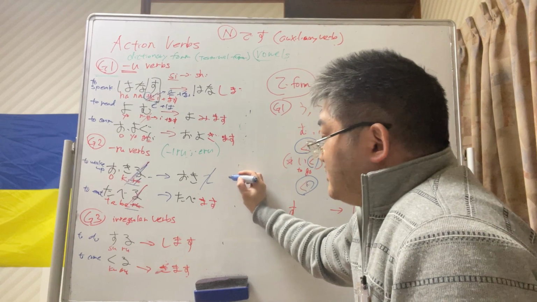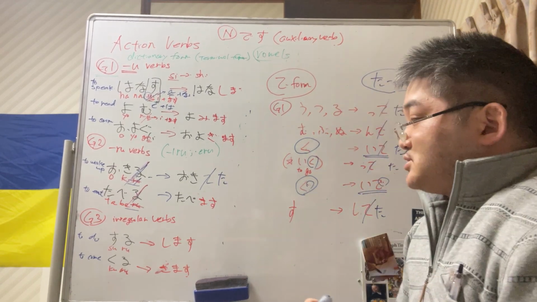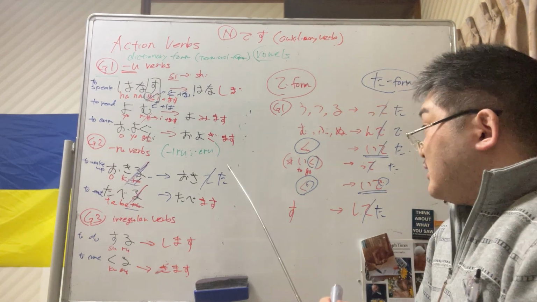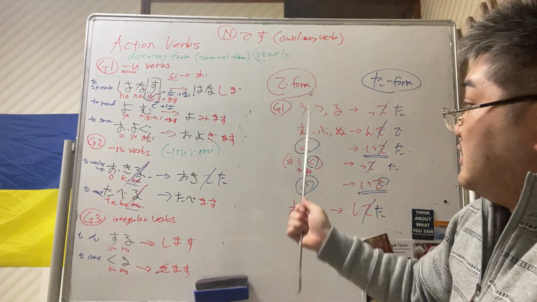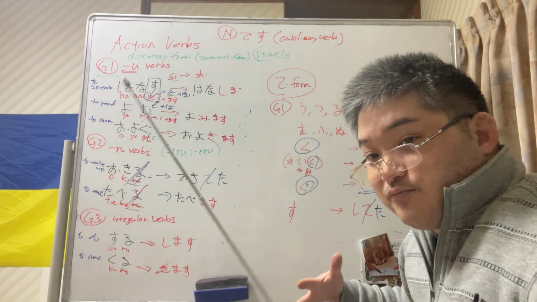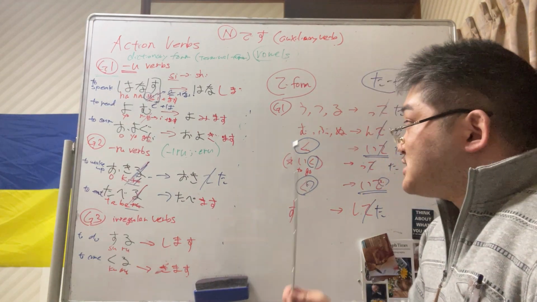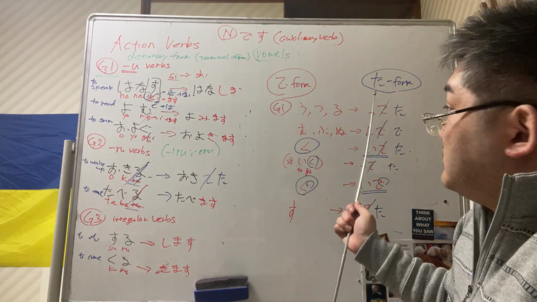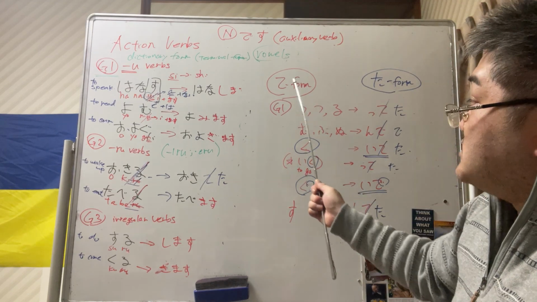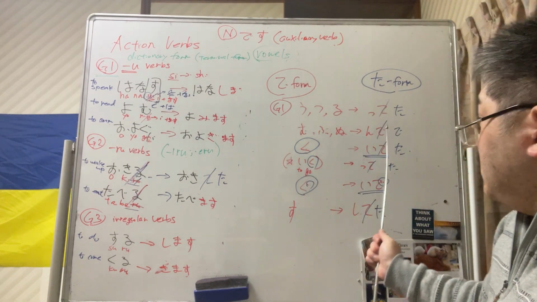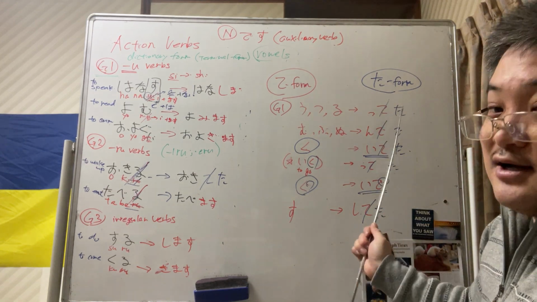So again, ta form is you simply change te into ta, otita. But for group 1, te form is very difficult, it involves a lot of different types of conjugation, but once you remember te form, then ta form is very simple. You only have to change te into ta.